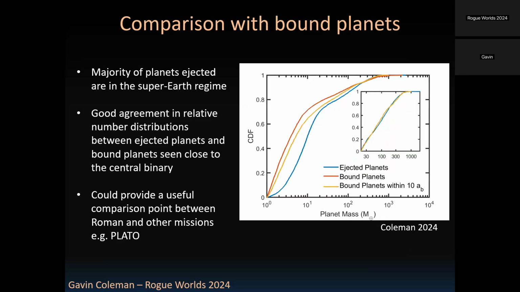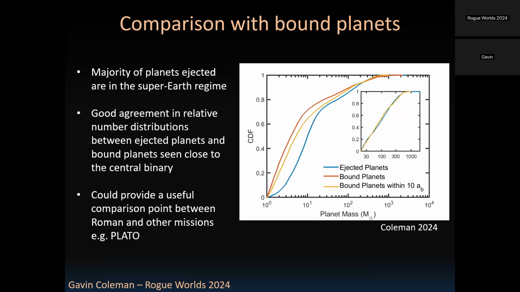So this comparison with the bound planets, as we can see here on these cumulative distribution functions, there's not as much comparison between the ejected planets and all the bound planets. But when you compare to those close to the star, close to the binary, in the region where planets have been ejected generally, we can see for anything above 20, 25 Earth masses, there's a very nice fit.